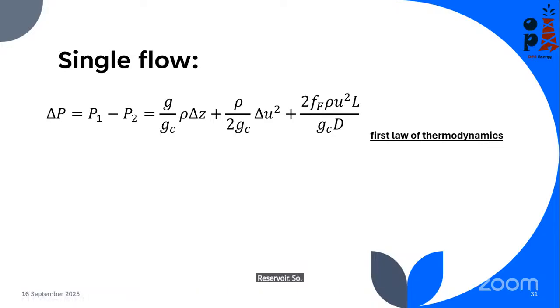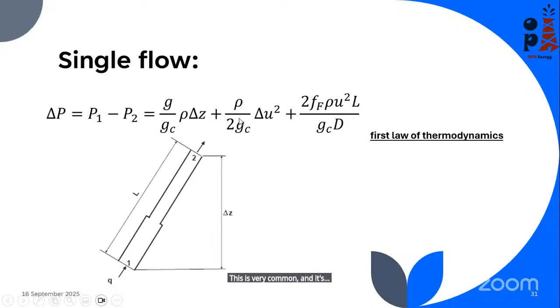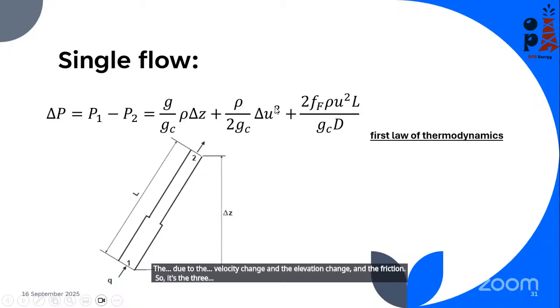In the first law of thermodynamics, the pressure drop is very common, and it comes from the velocity change, the elevation change, and the friction. So we have three terms.